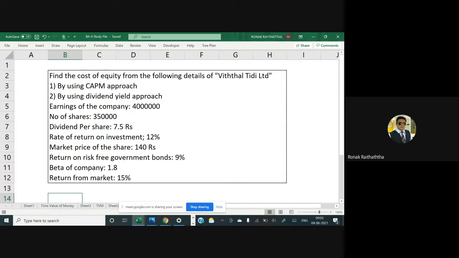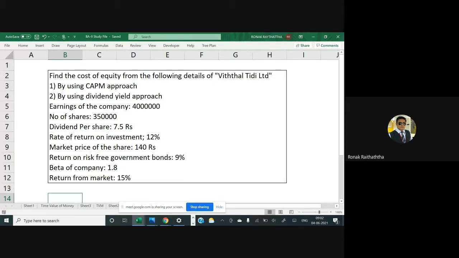Dividend per share is 7.5 rupees. Return on investment by the company is 12%. If the company wants to invest its funds somewhere, it is able to get 12% return on it. Market price of the share, my friends, is 140 rupees.